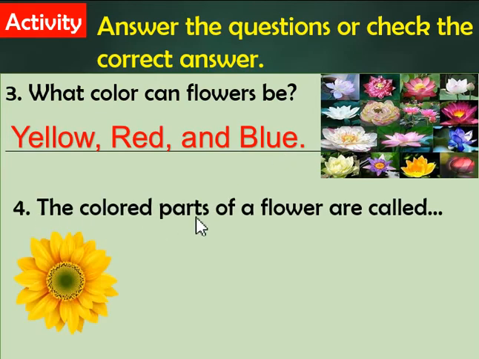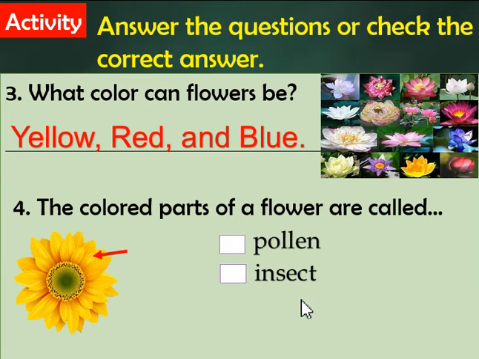The colored parts of a flower are called what? Pollen, sac, or petals? The answer is petals. Very good.